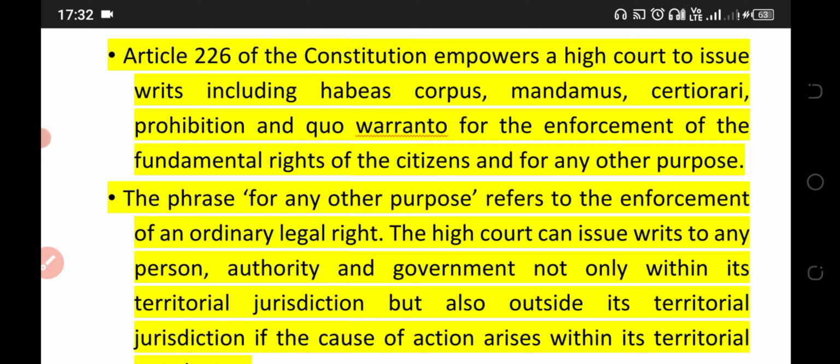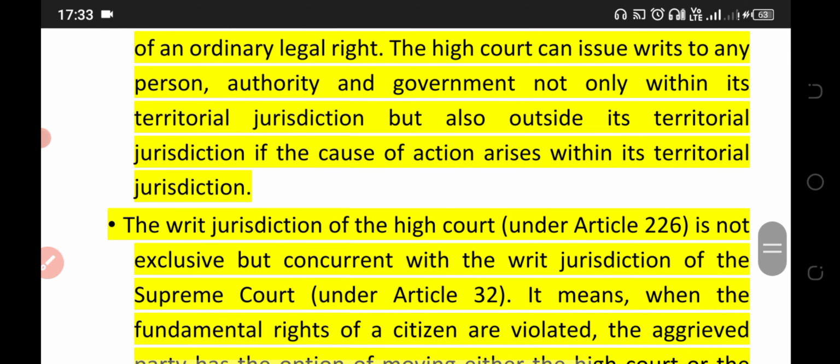यहाँ जो phrase है, for any other purpose, it refers to the enforcement of any ordinary legal right. High Court can issue writs to any person or authority, not only within its territorial jurisdiction but also outside its territorial jurisdiction, if the cause of action arises within its territorial jurisdiction.